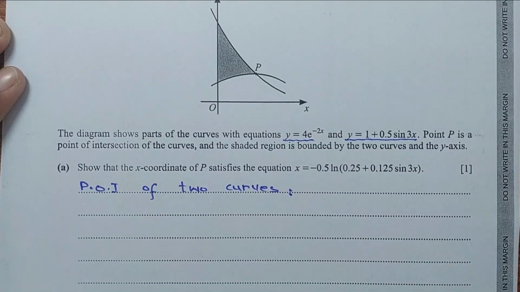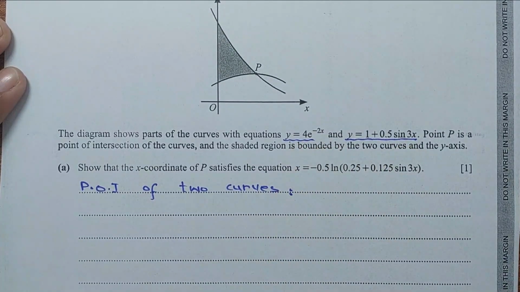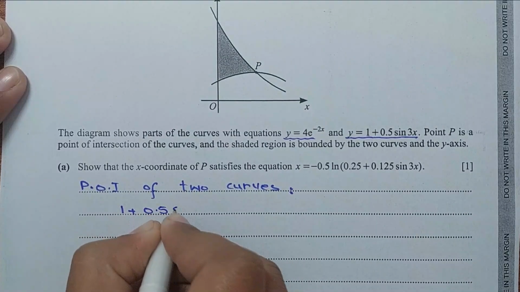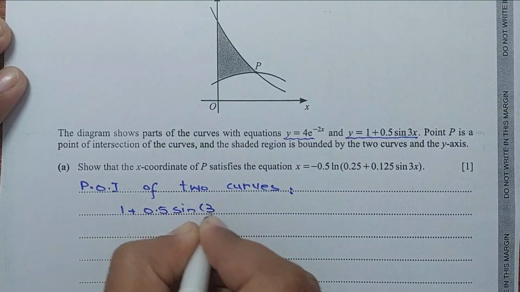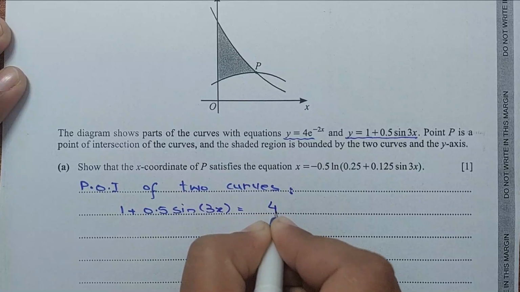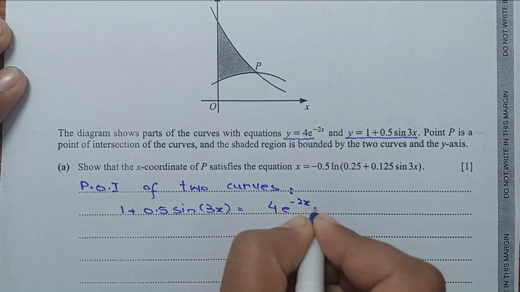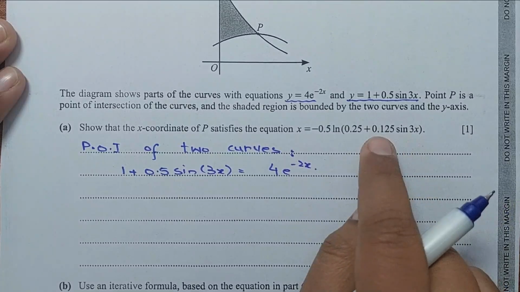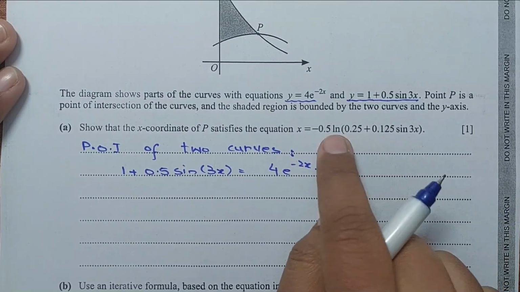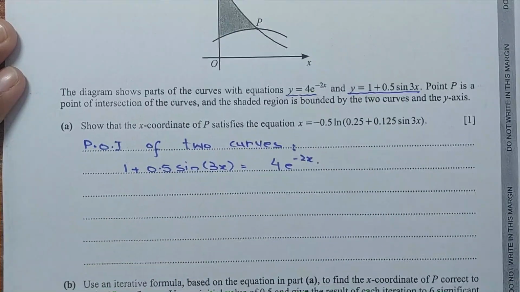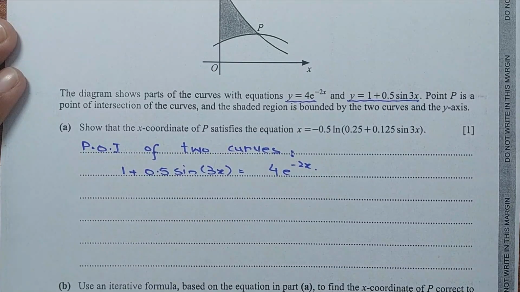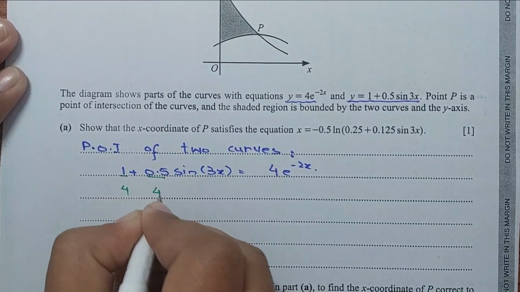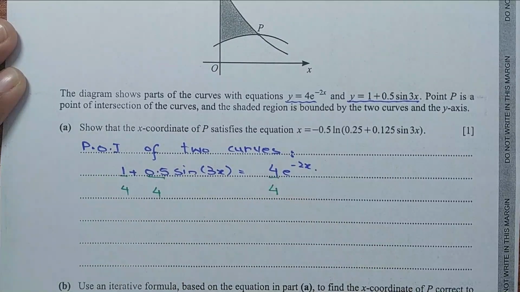For the point of intersection of two curves, we need to put both of them equal. So 1 plus 0.5 sine of 3x equals 4 e to the power minus 2x. To solve for x, we can see we have a natural log involved. So first of all, divide everything by 4, on both sides.